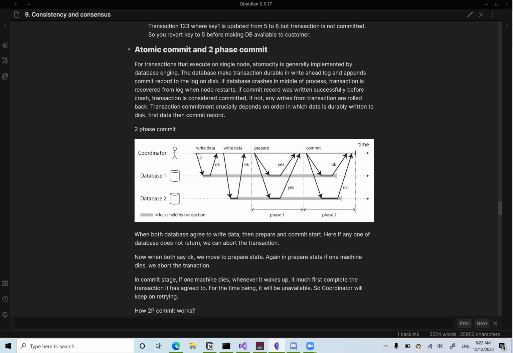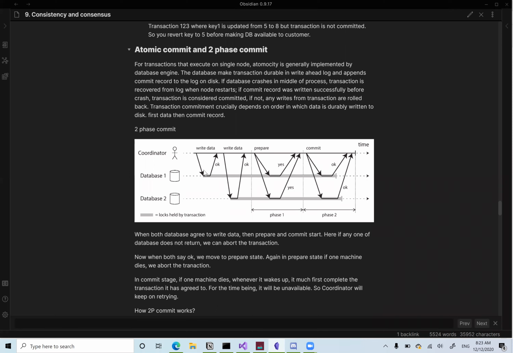Yeah. So basically, I was also thinking this, that this write and prepare in two-phase commit could be like one message, right? It could be combined into one, that in the write you are also sending the value and you are also hearing back what is the response.